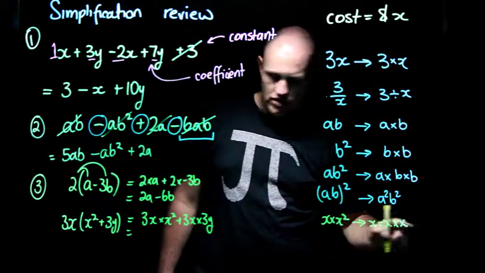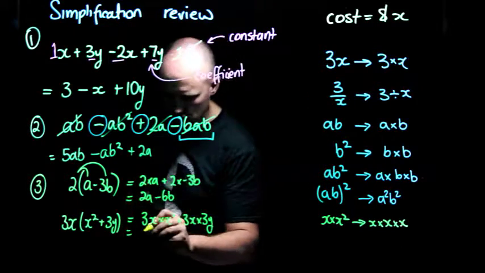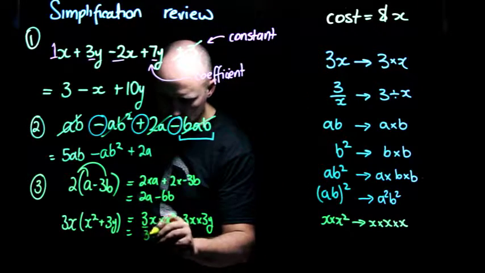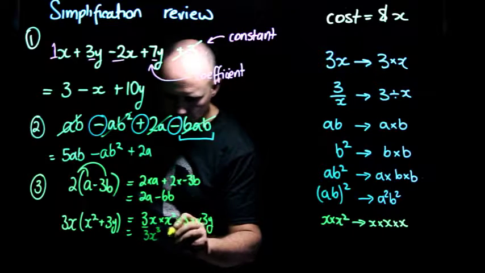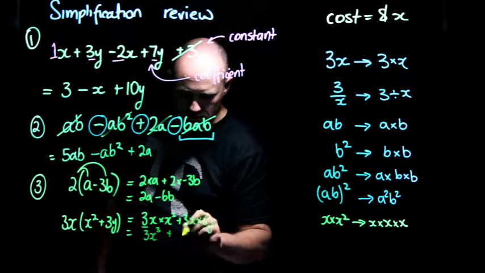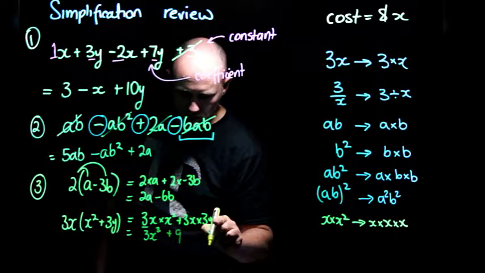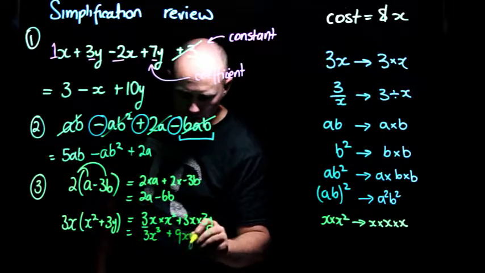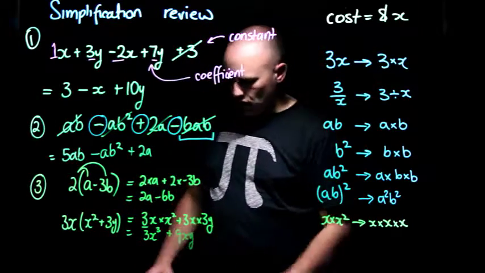So x times x squared gives us x cubed. We've still got that 3 there, so it's 3x cubed plus 3 times 3 is 9, x times y, so 9xy. There's our full expansion there.